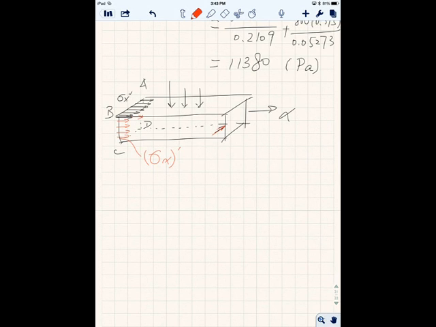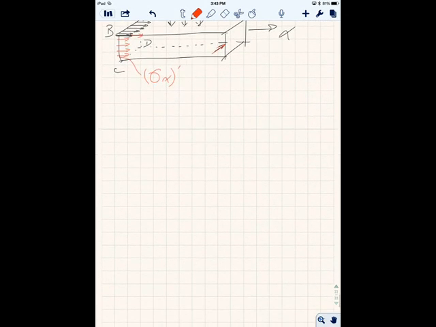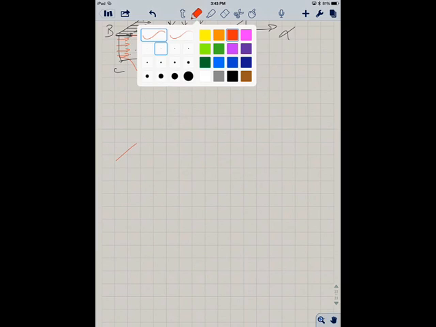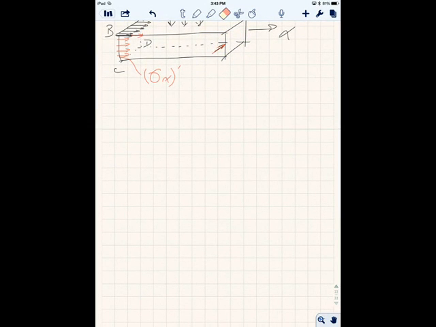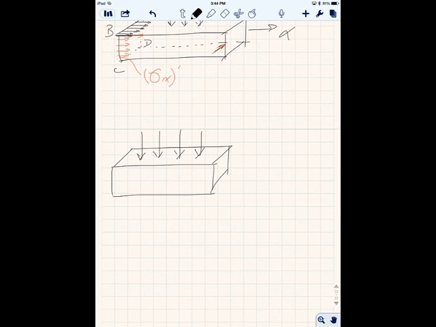All right. Okay, so the next thing is we want to look at where the maximum compressive stress is, right? Compressive stress, it's the same thing. Of course, the maximum will be at line CD over here.